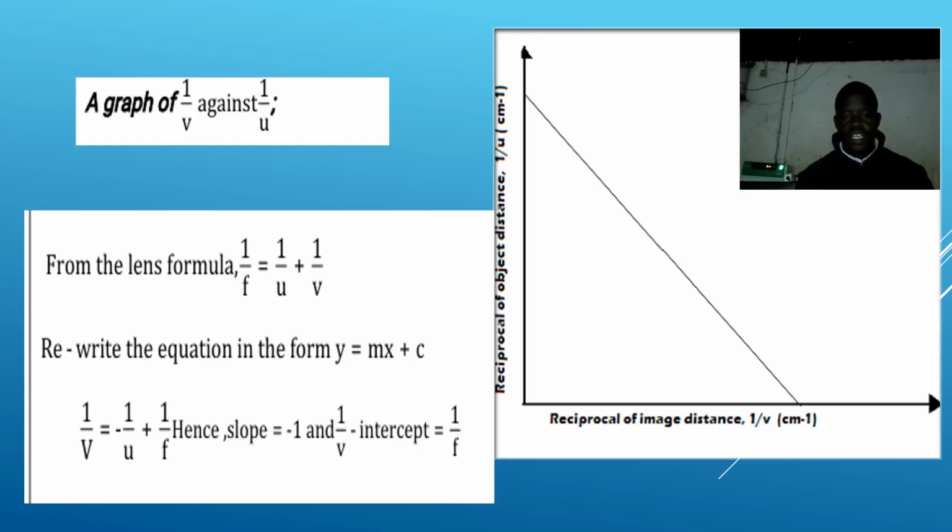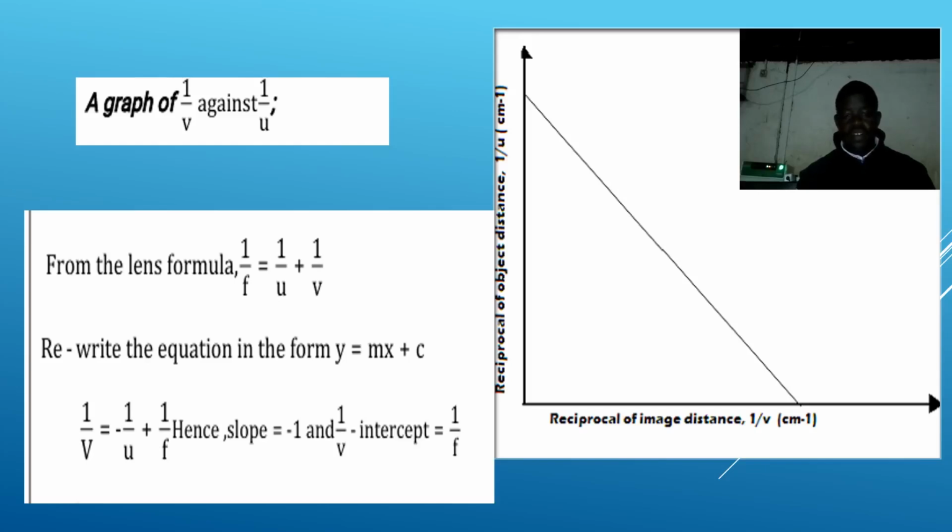Now from the lens formula we know that 1 over f is equal to 1 over u plus 1 over v. So if we write this equation in the form y equals mx plus c, then 1 over v is going to be equal to, so we take 1 over u the other side, so it becomes negative 1 over u plus 1 over f.